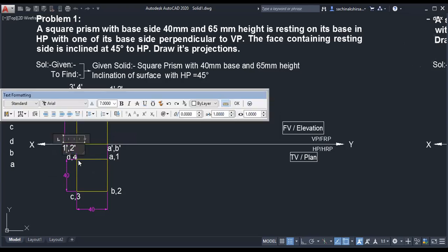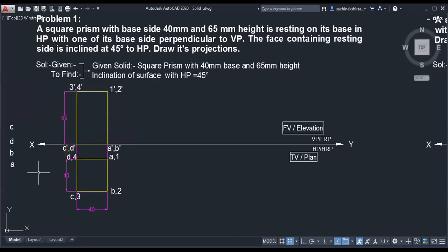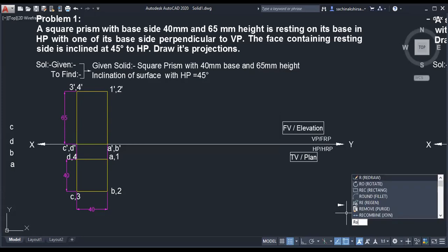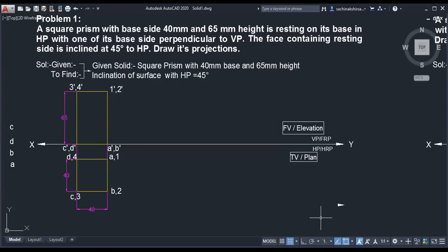Up to this, please complete it, and once completed, let me know. Complete it up to this, as we did for the true shape.